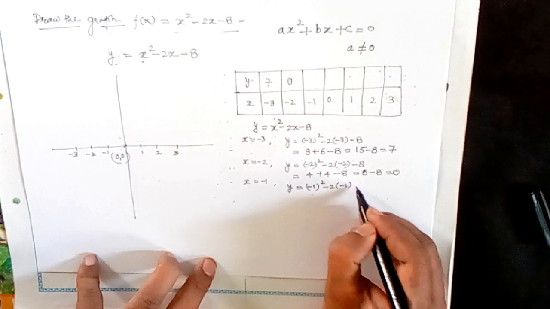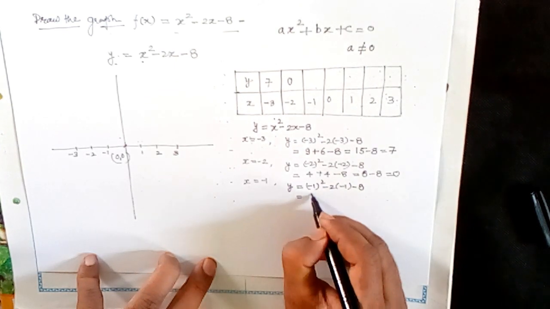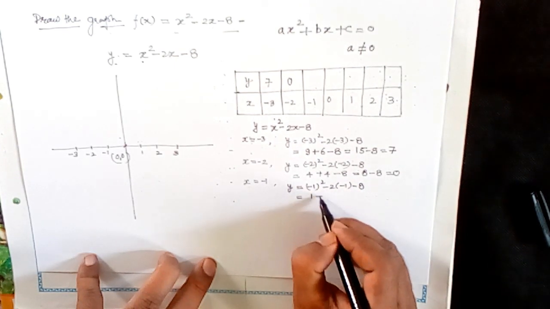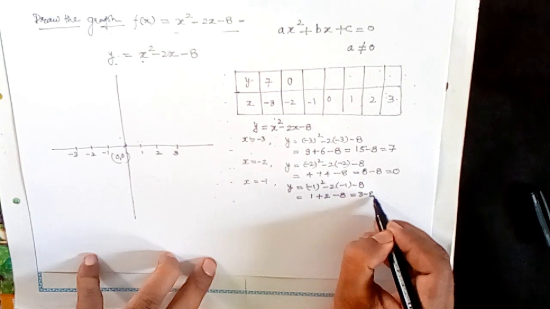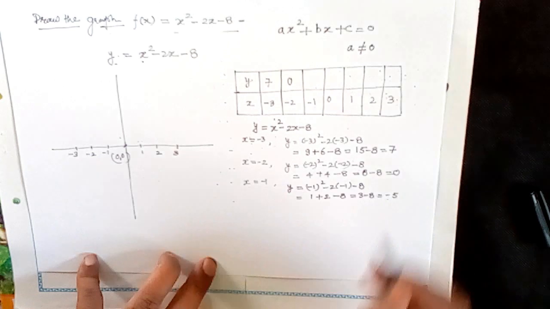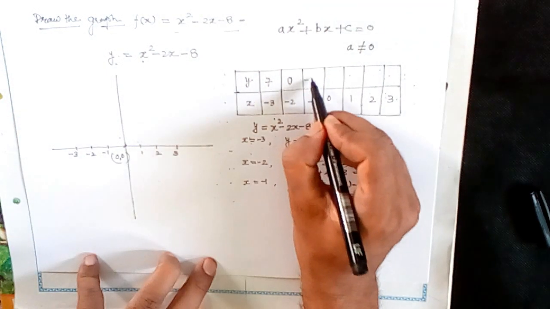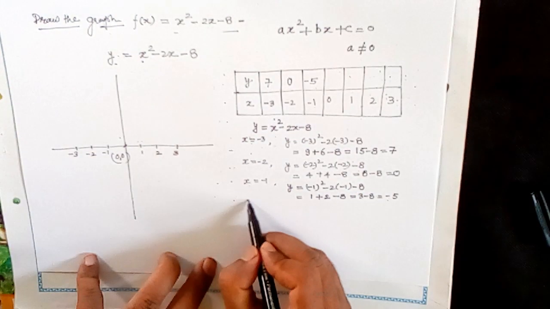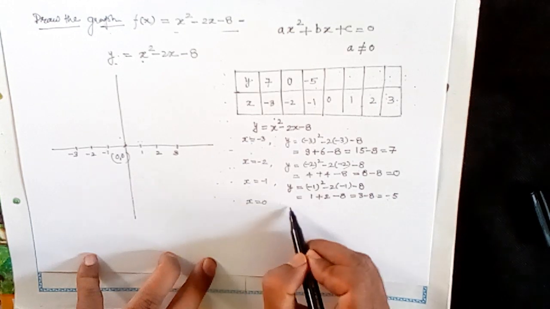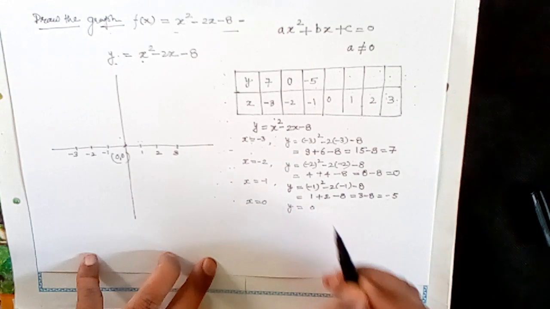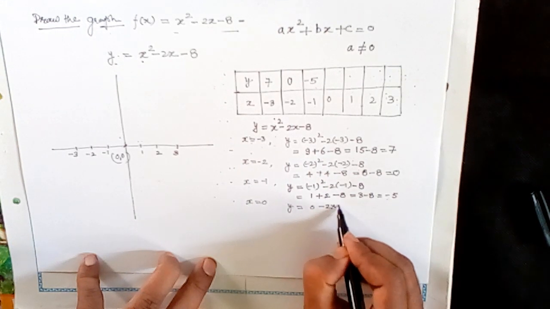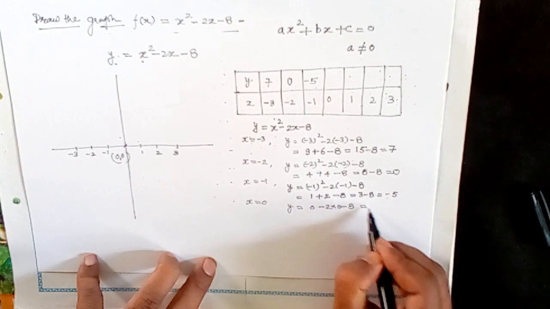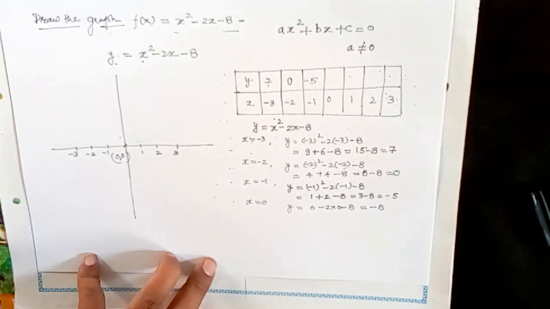It is 1, minus into minus is plus 2, minus 8. 3 minus 8 is -5. Now if we substitute x equal to 0, y is 0 square, which is 0, minus 2 into 0, minus 8, it is going to be -8. That we have to put here.